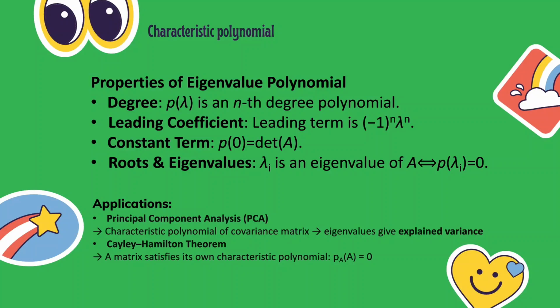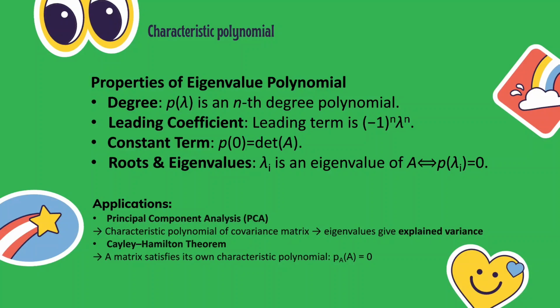And next, let's talk about properties of the characteristic polynomial. The degree: p(lambda) is an nth degree polynomial. The leading term is (-1)^n lambda^n, and the constant term p(0) equals the determinant of A. For roots and eigenvalues: lambda_i is an eigenvalue of A if and only if p(lambda_i) equals 0.